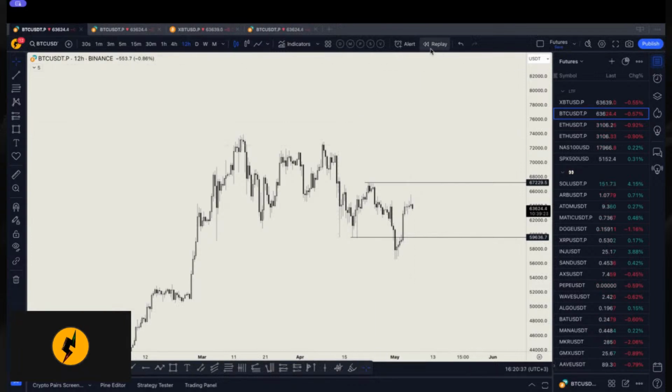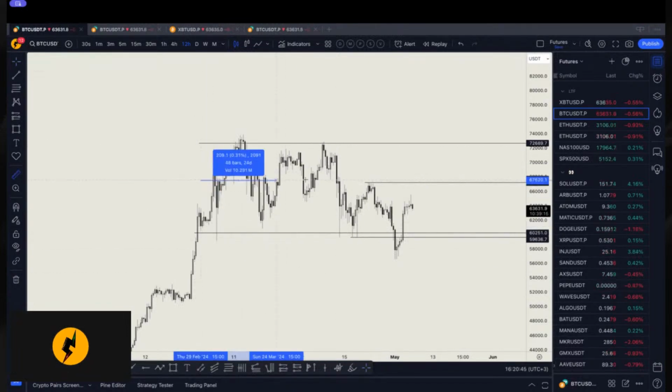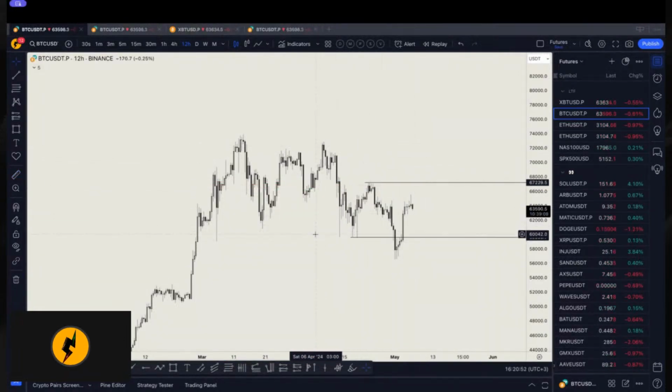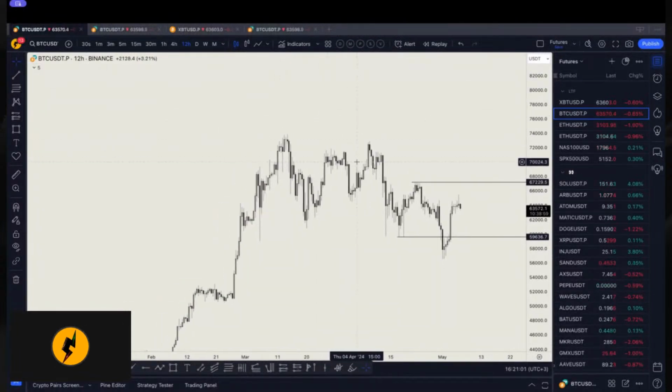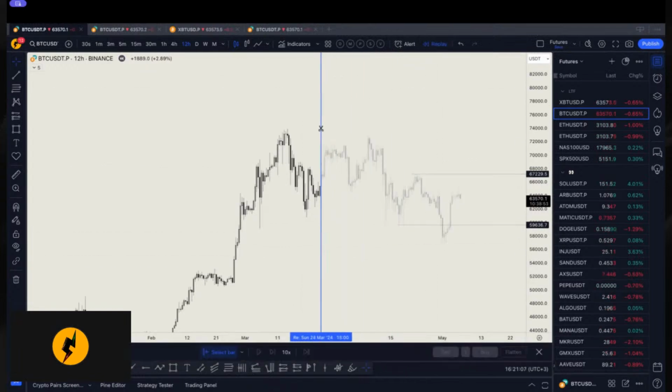If you mark it from here, this range is kind of ending, right? We've been here for 3 months. It's always good to have your range much sooner than right now. So this is what I suggest you do. Of course, you should practice it, but let's say we are here, right?